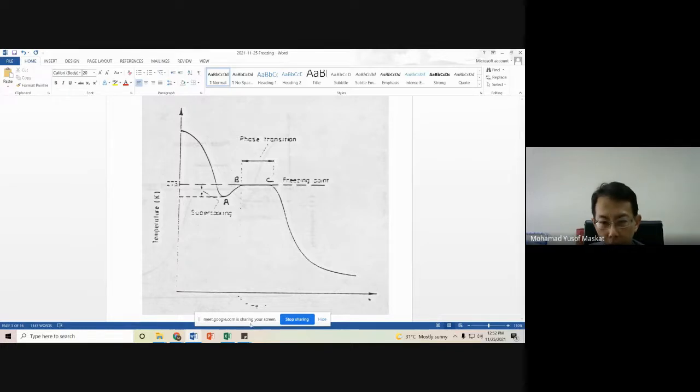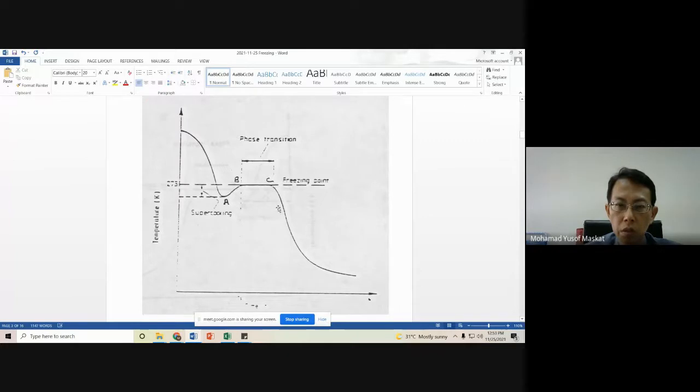Okay, and then when we still further reduce the enthalpy or the heat, after some time it will start to decrease further. This depression is what we call supercooling. And this is where the phase transition occurs.